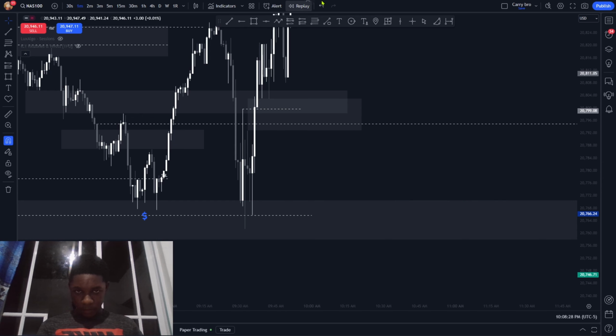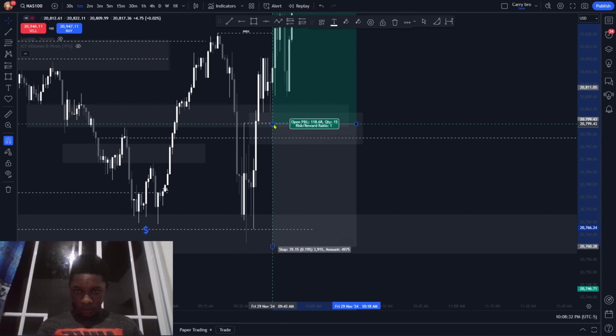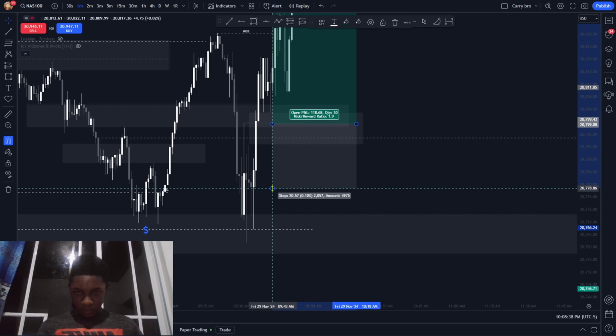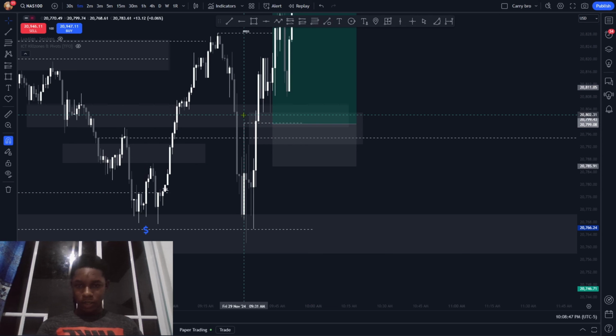On this time frame, stop loss would have been, let's see, here or here. Not here because we're entering off of a breaker. So I want to respect this whole bullish block.